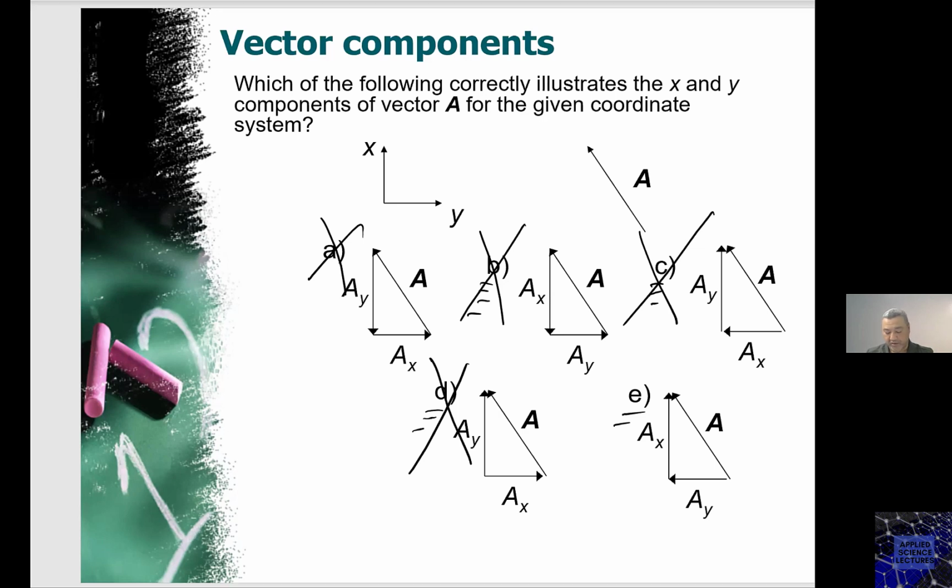Now, why is E correct? E is the only one.